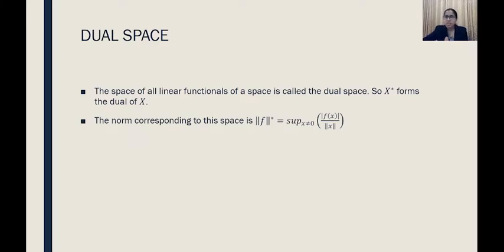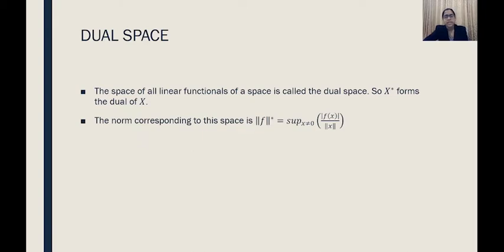We are given a normed space, and we define linear functionals on it. We will be able to define many linear functionals. The collection of all those linear functionals will again form a normed space, and that is called the dual space of a space. We denote it by X star, the dual of the space X.